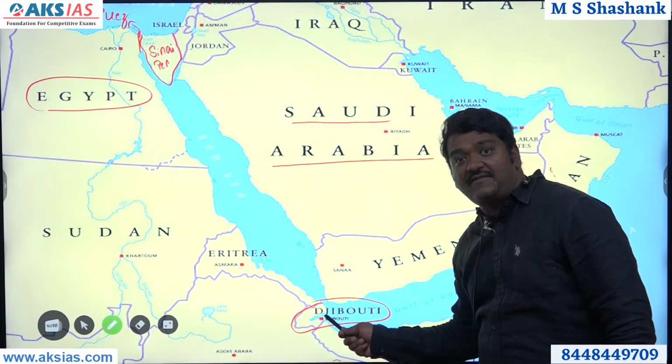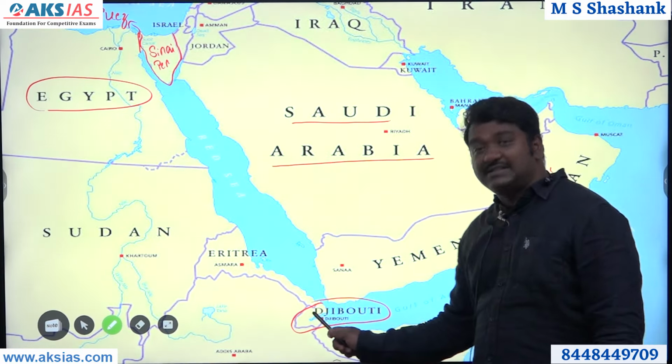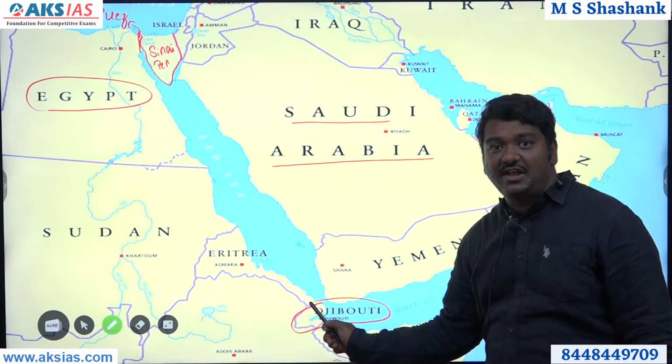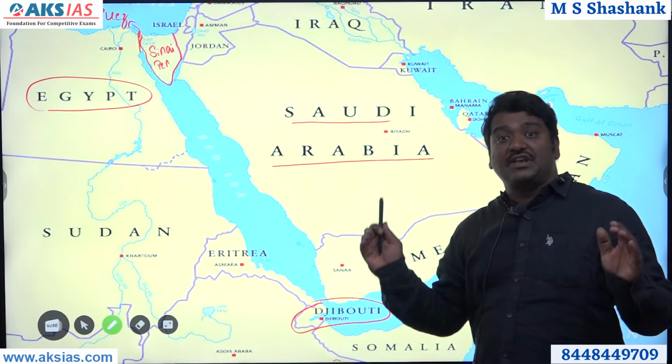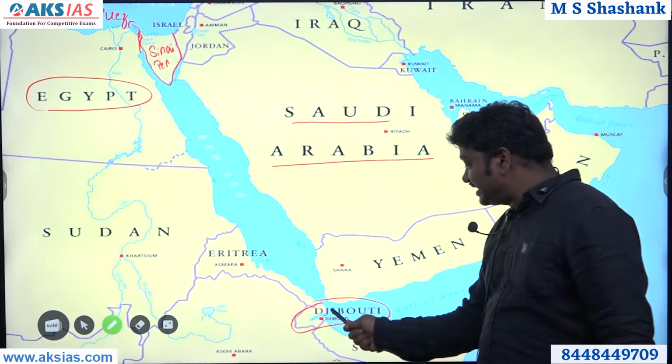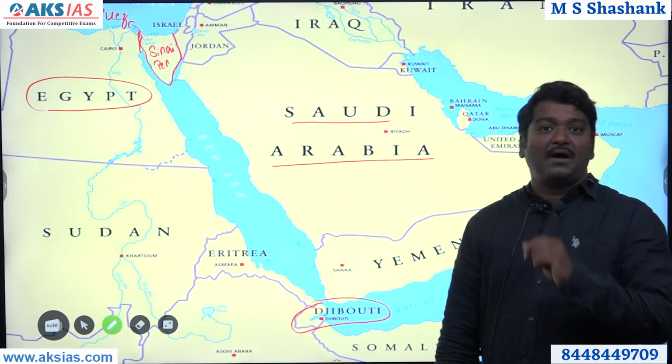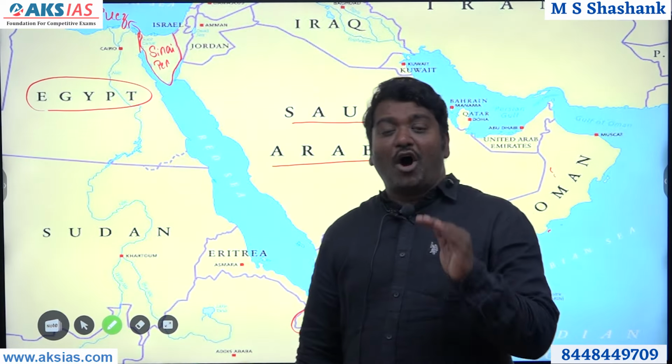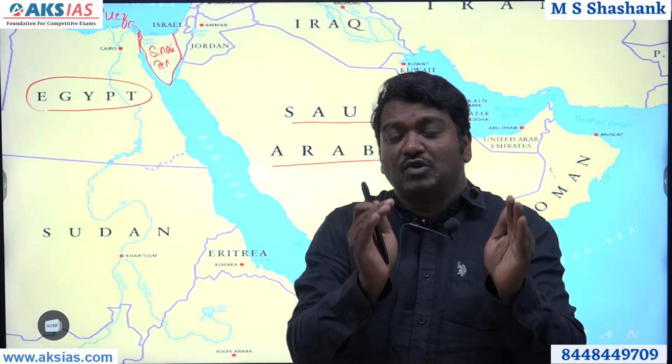China keeps its navy here. The US has its navy. France has its navy. But China has given huge money and it has kept its navy here. Remember, China normally gives money in Sri Lanka, Hambantota port, Maldives, everywhere. But that is only for trade purposes.